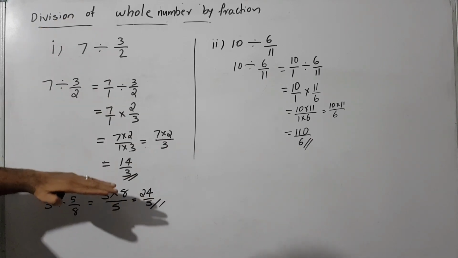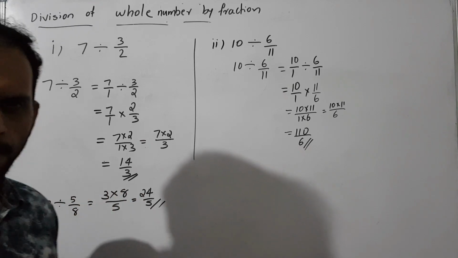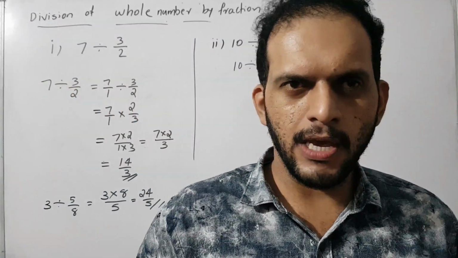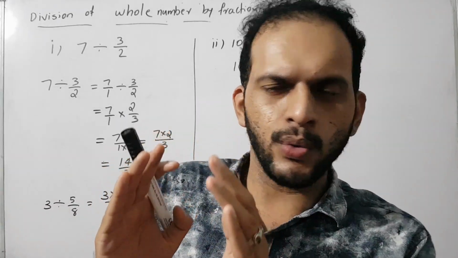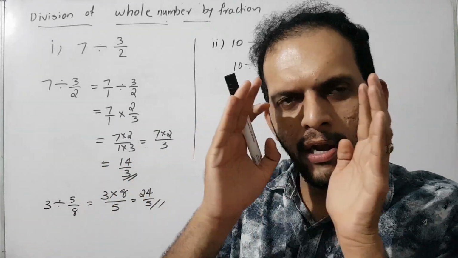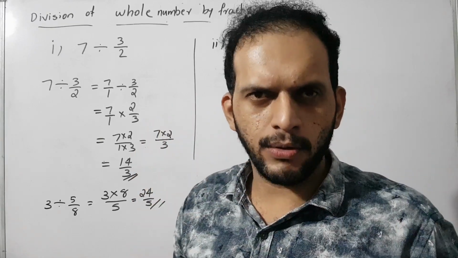No need to follow so many steps, it is possible to write the answer directly. It's a very important idea. If we divide a whole number by a fraction, how do we write the answer? Whole number into the denominator of the fraction by the numerator of the fraction.